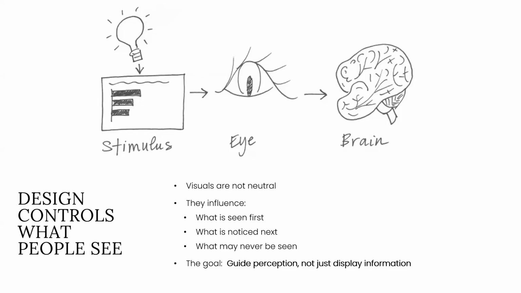This means that visual communication is fundamentally psychological, not merely graphical. Understanding how memory and perception operate allows us to design visuals that align with how people naturally process information rather than forcing them to work against their own cognitive systems.